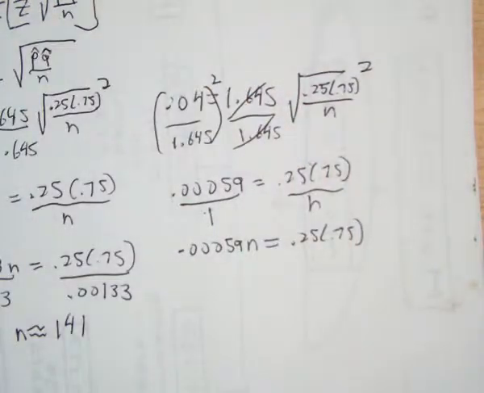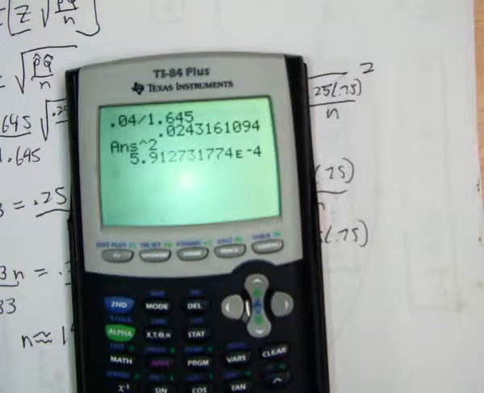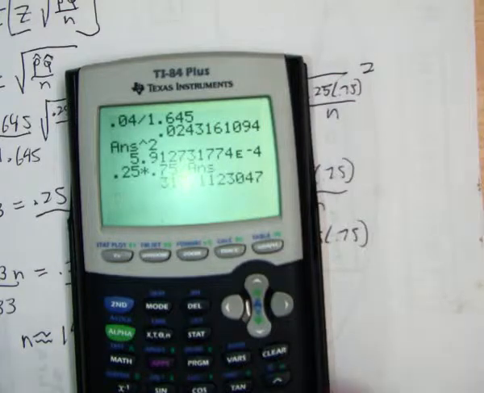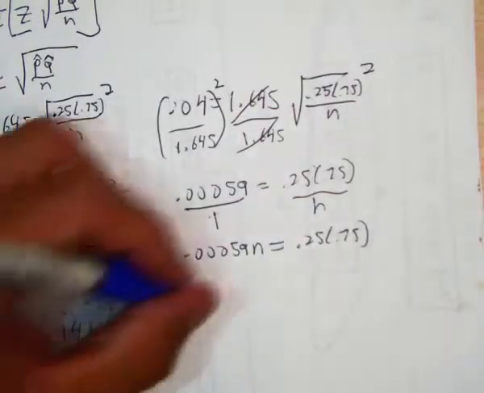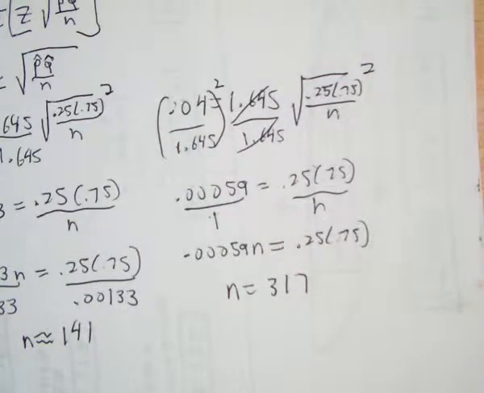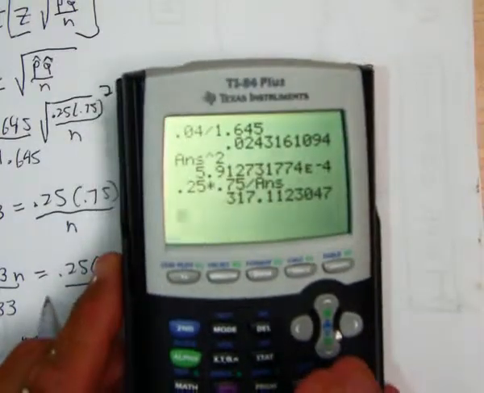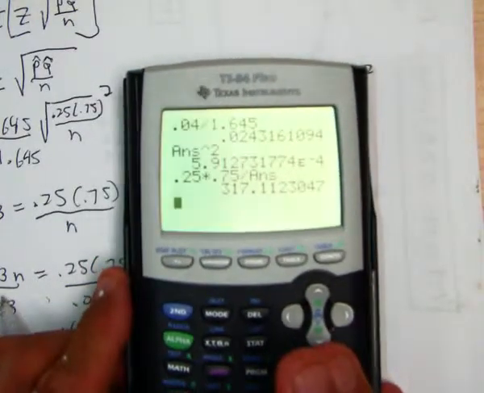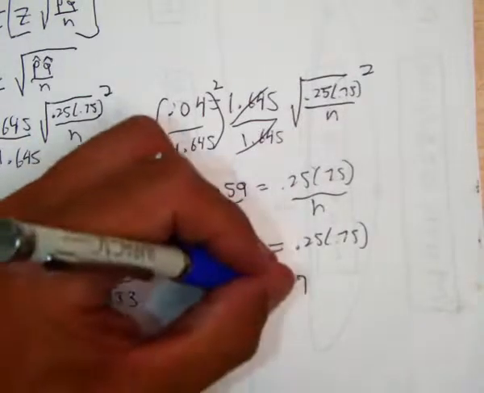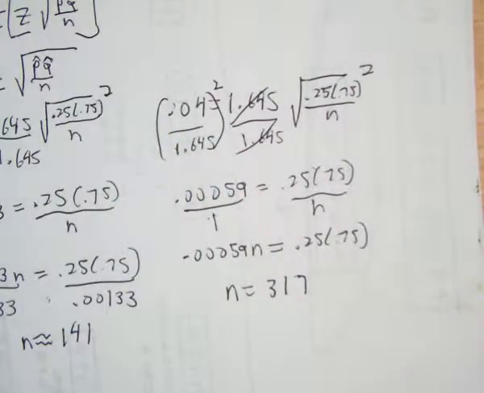So I'm just going to do this all in one step on the calculator: 0.25 times 0.75 divided by that answer, and I get about 317. Generally when we get a decimal answer, just to be conservative, we're probably going to round it up, so we might go up to 317, 318-ish.